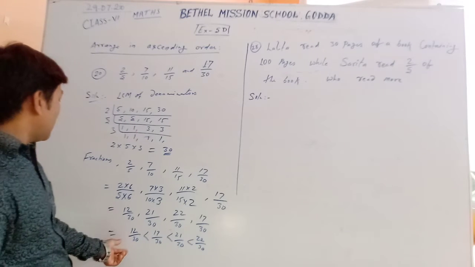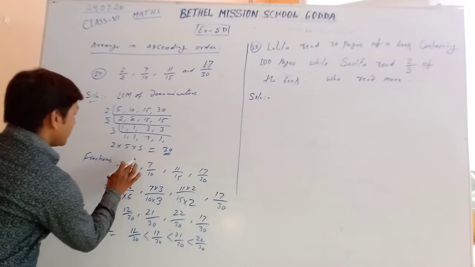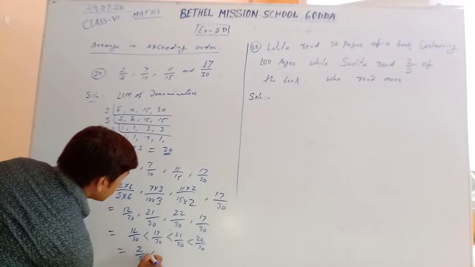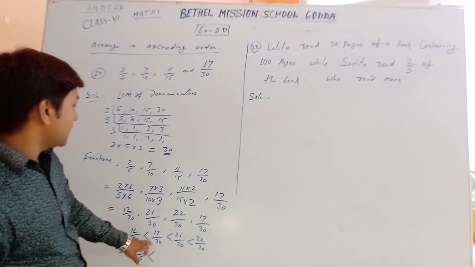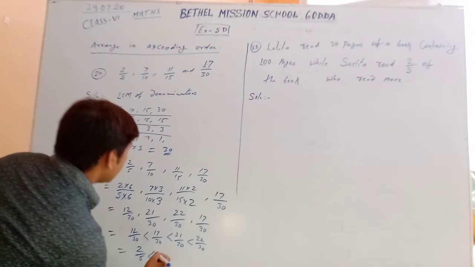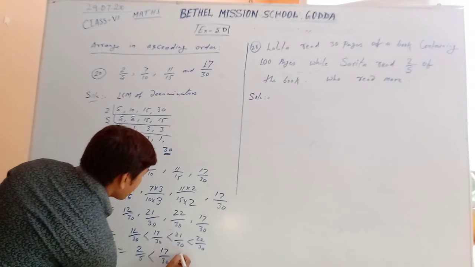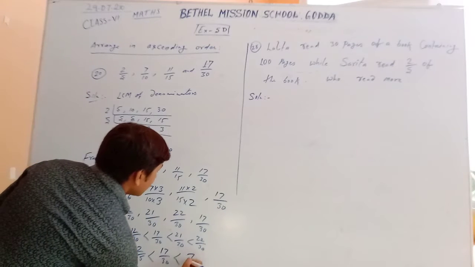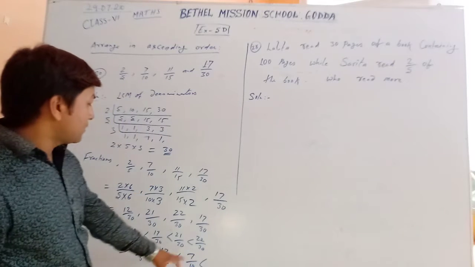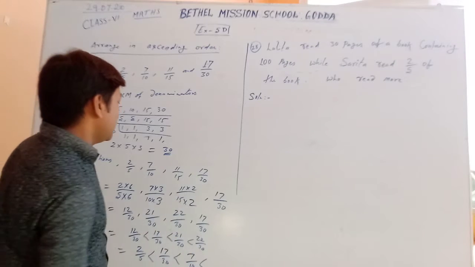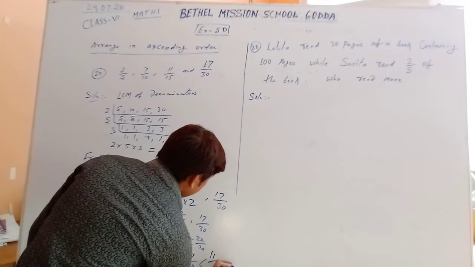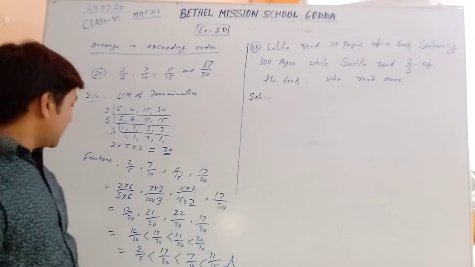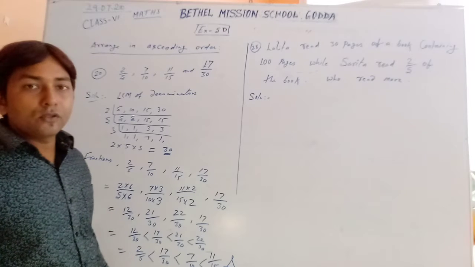We got 12 upon 30 from 2 upon 5, so 2 upon 5 is less than 17 upon 30. 21 upon 30 we got from 7 upon 10, and 22 upon 30 from 11 upon 15. This is the ascending order. I hope you got it.